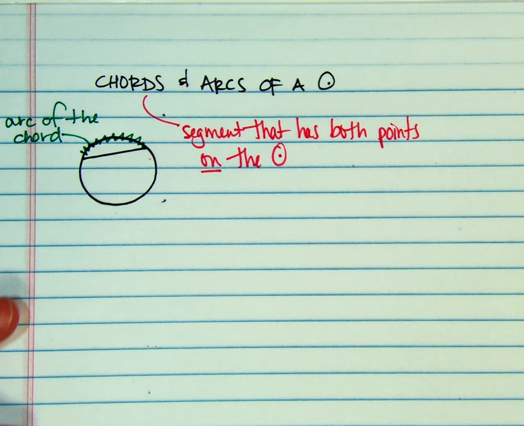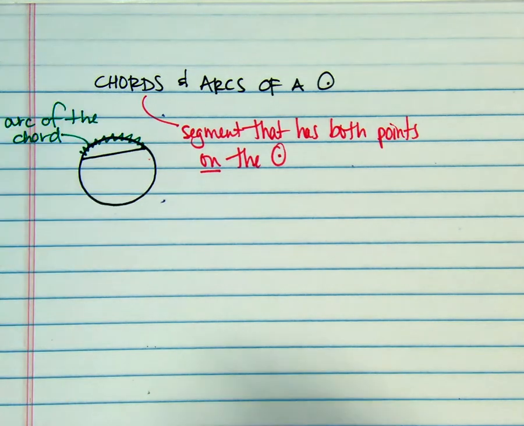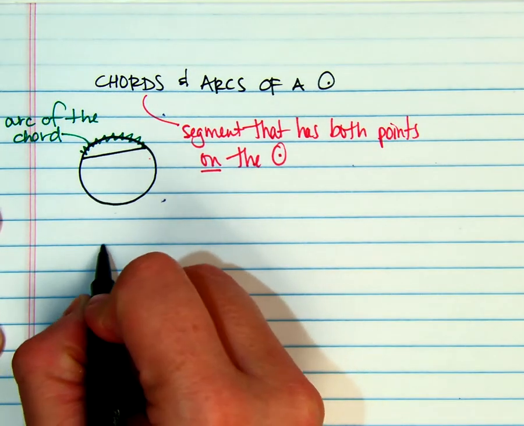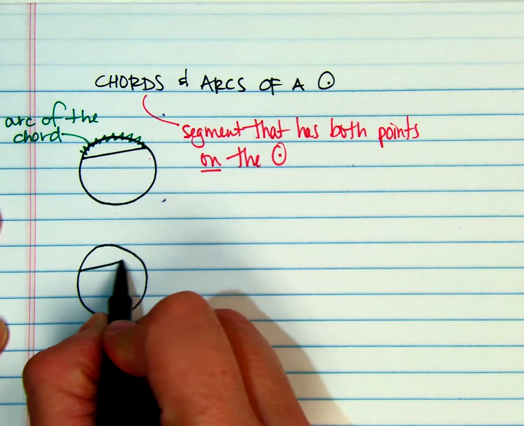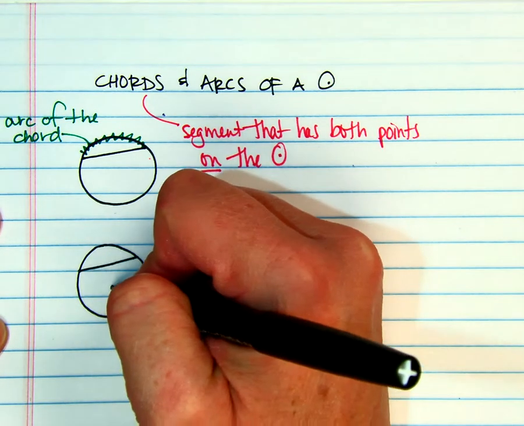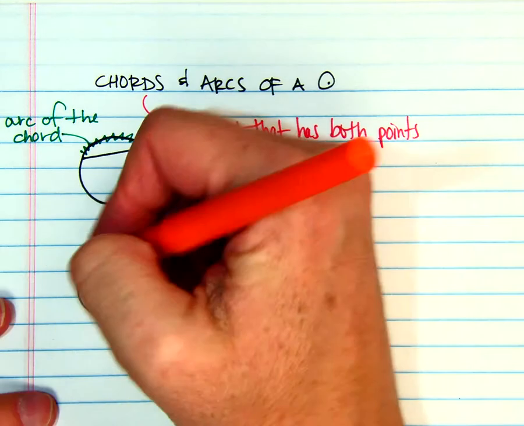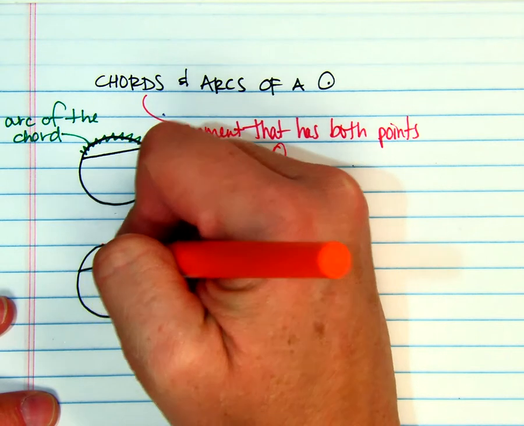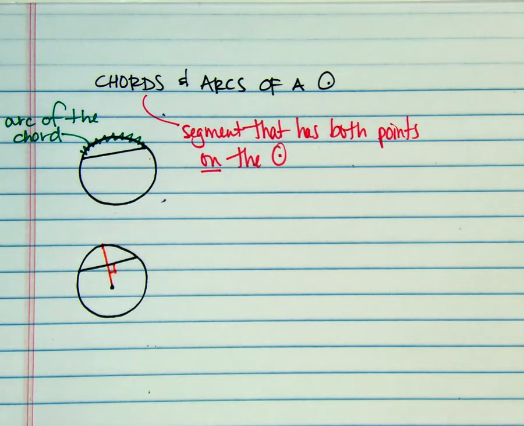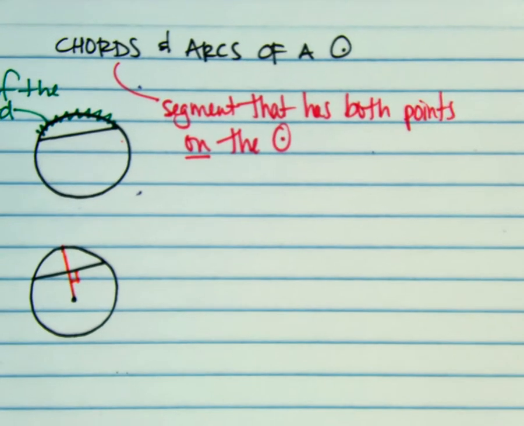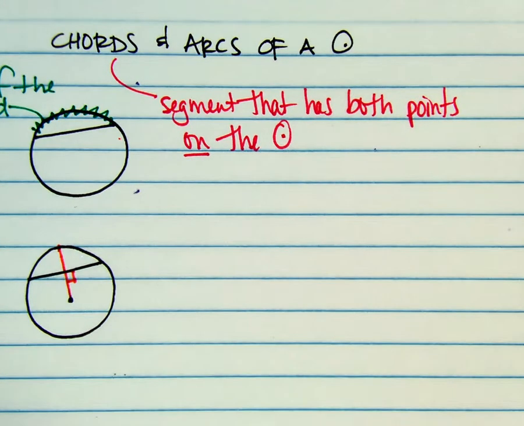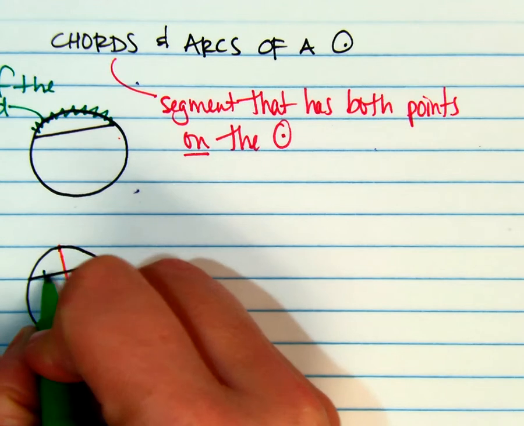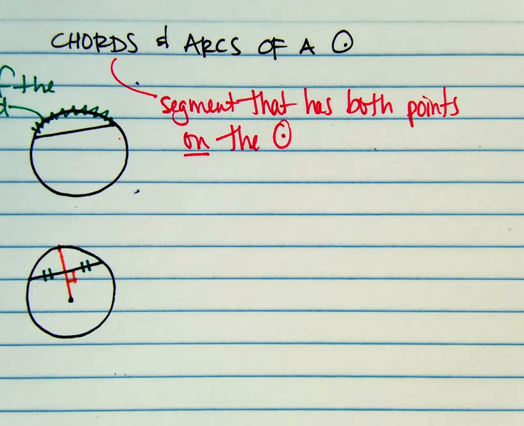Okay, so there are several theorems and special relationships that happen. So first of all, let's talk about if you have a chord and you have a radius that is perpendicular to the chord, then what happens is, let's try to zoom in here. What happens is the chord is bisected.